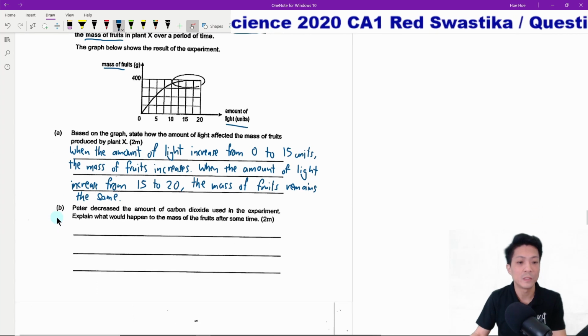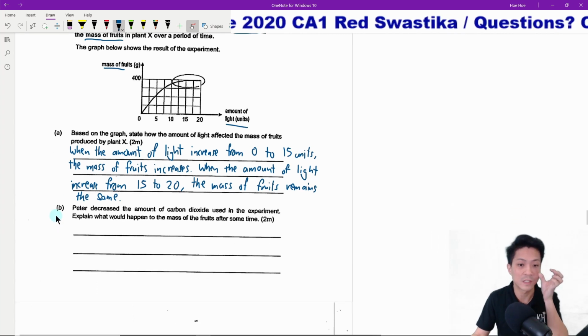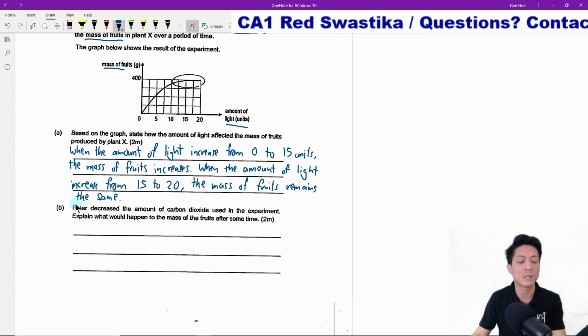For part B, Peter decreases the amount of carbon dioxide used in the experiment. Explain what will happen to the mass of the fruits after some time.